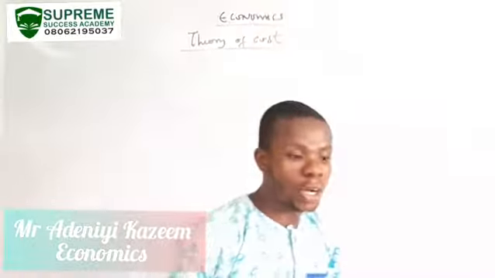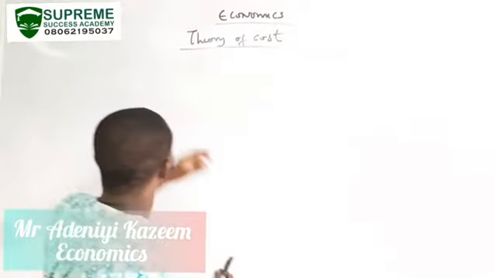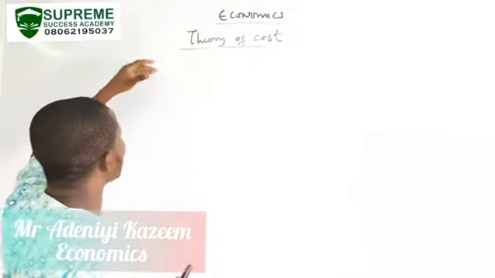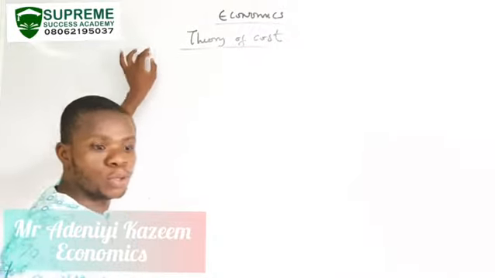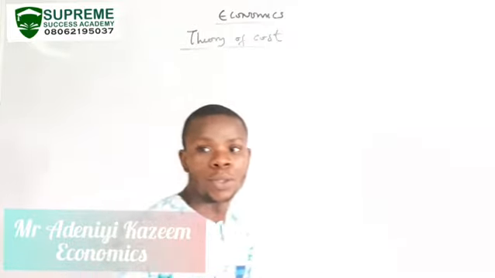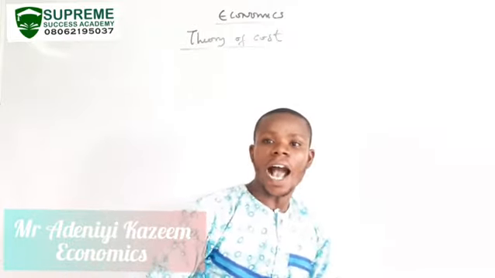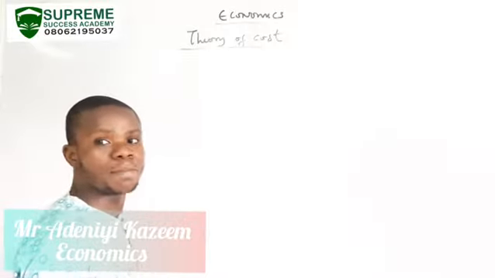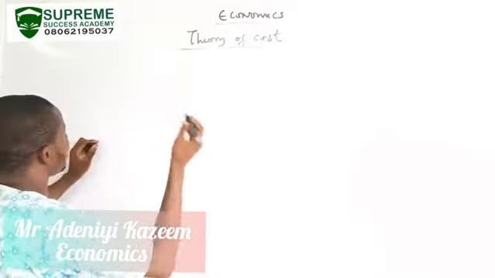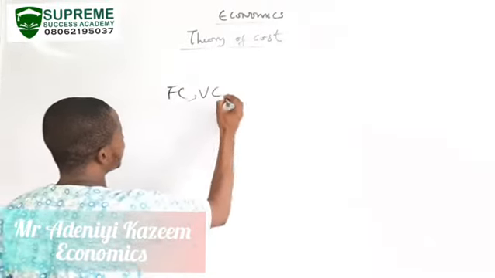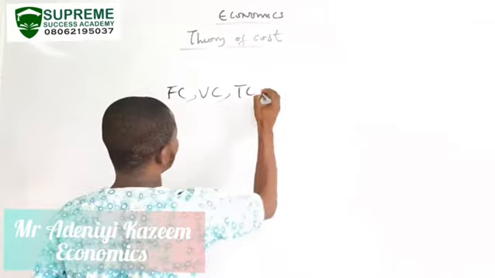In my last lecture, I introduced you to theory of cost. And in that particular lecture, I was able to discuss what cost means to you. At the same time, I was able to touch the basic cost concept. Remember the basic cost concept I discussed in my last class? I discussed fixed cost, variable cost, total cost.